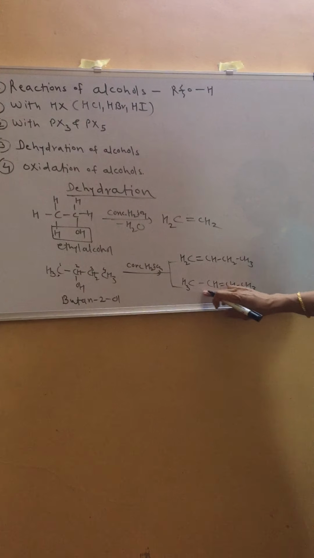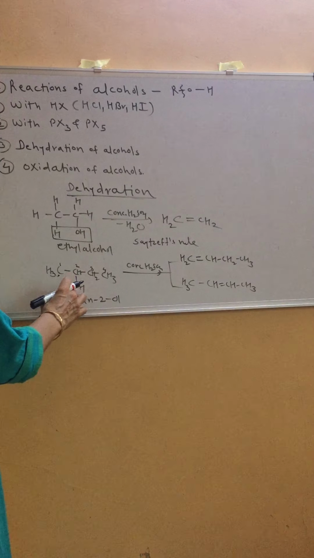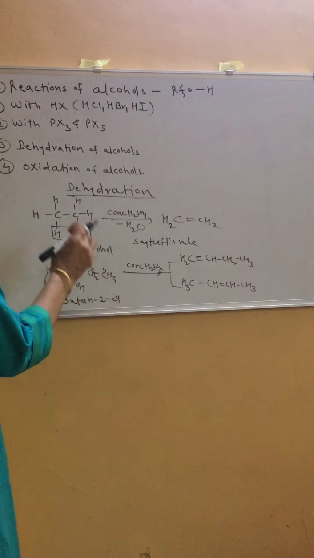So which will be the major one? There is one rule which is known as Saytzeff's rule, which we have seen already in 11th standard. Again we will repeat. When elimination takes place, dehydrohalogenation, that means hydrogen from one atom and halogen from another atom, or dehydration, the major product will be the alkene which is more substituted by alkyl groups.